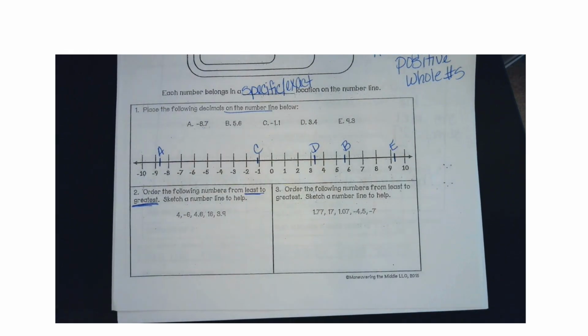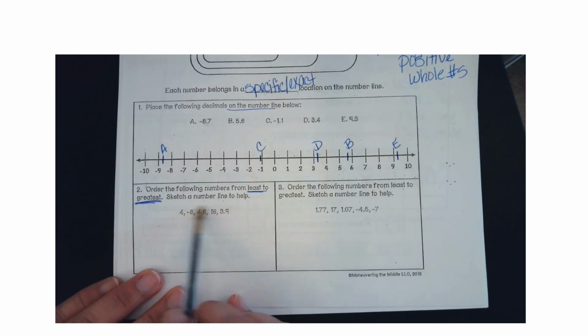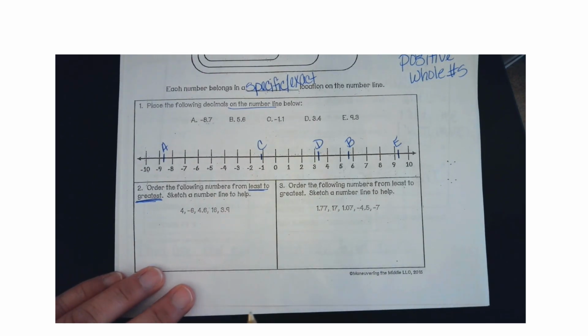Okay. So that's what we can look at here too. When we're ordering these numbers, we can think of it as money. Even our whole numbers we can think of as money.